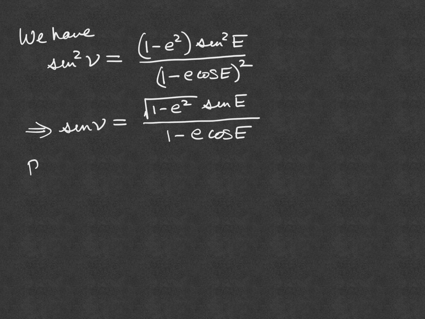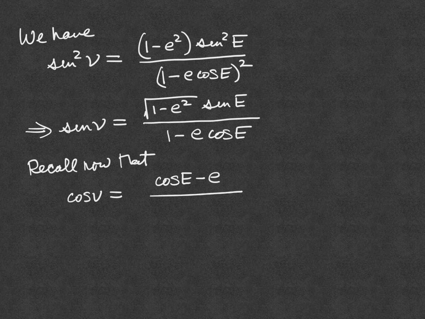So recall now that the cosine of nu was equal to (cosine E minus little e) all divided by (1 minus e cosine E). So now I have an expression for both the sine of nu, which I just derived, and earlier I had the expression for cosine of nu. So I can use these two relationships together, but I need one other thing, which is an identity.